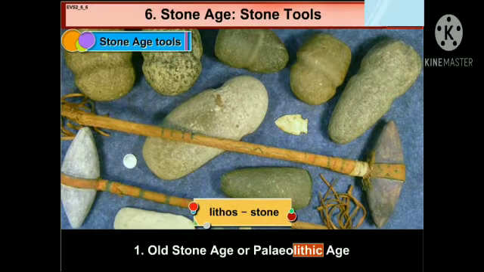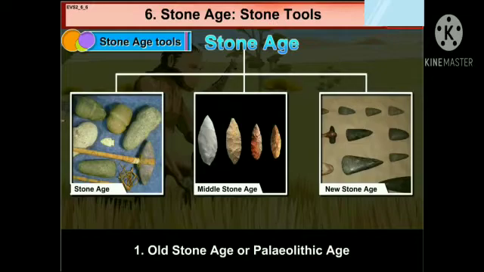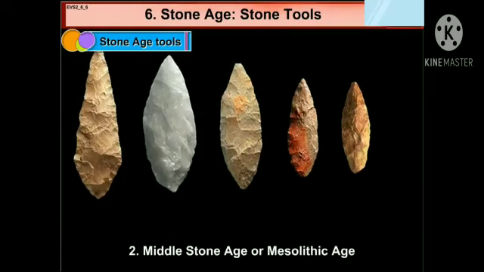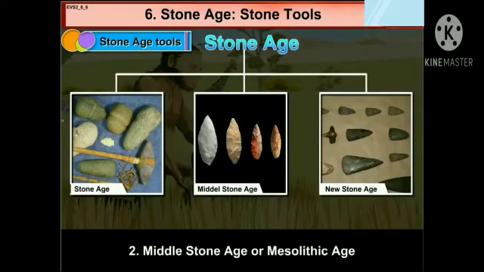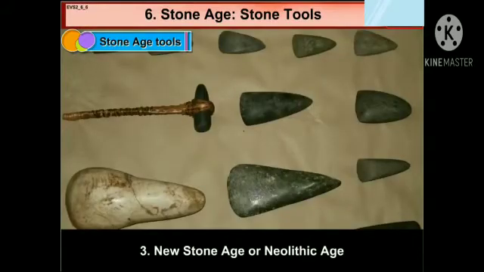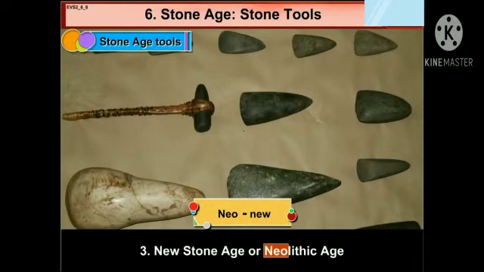Old. Lithos means stone. The next is Middle Stone Age or Mesolithic Age. Now over here Meso means middle. The third is New Stone Age or Neolithic Age. Neo means new.